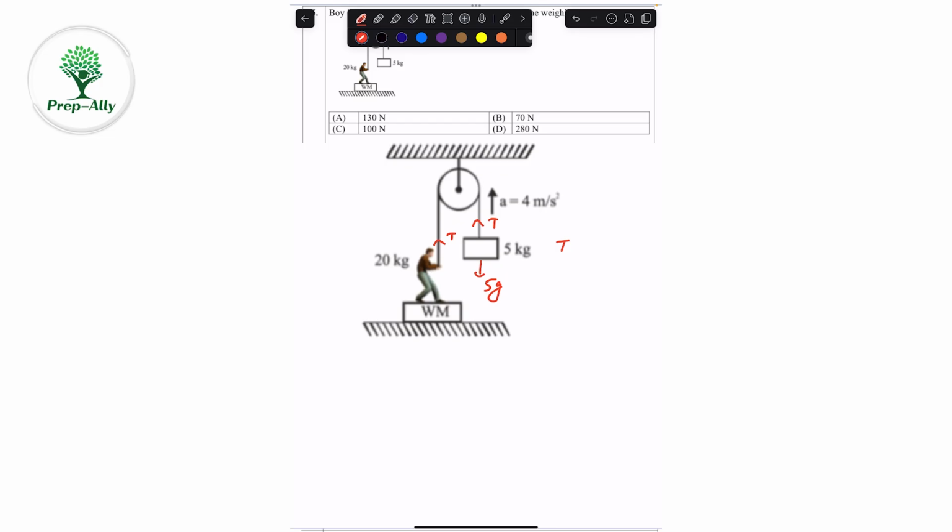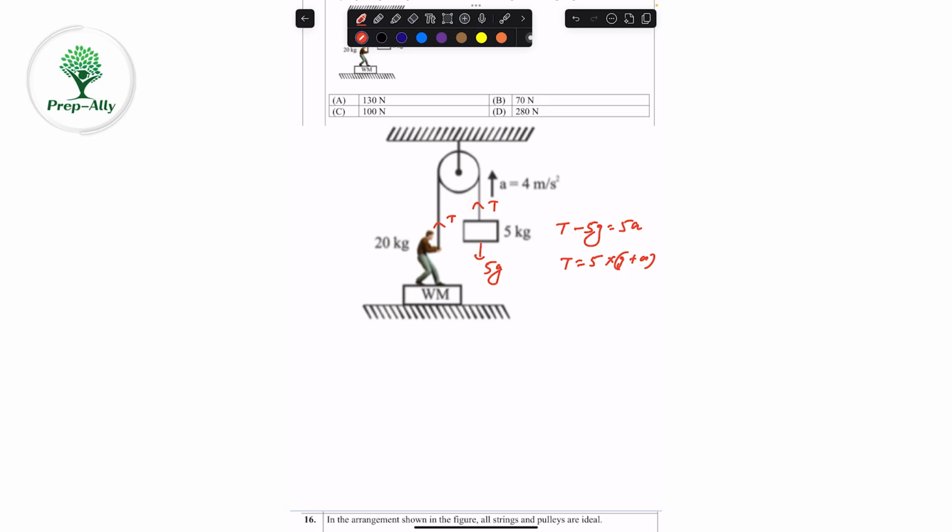So we'll say T minus 5g is equal to 5a. So T is equal to 5 into g plus a basically. A is 4, g is 10. So we got 14 into 5, which is 70. So tension is 70. So boy will have a tension 70 upward, and its own weight downward is equal to 200.